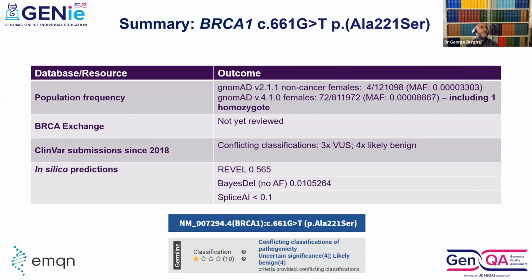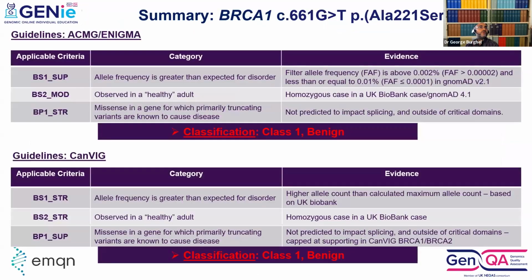Next slide, please. So this is a summary of the evidence that we are suggesting to apply in these cases. For following the ENIGMA guidance, we think you are able to use BS1 supporting, BS2 moderate, and BP1 strong.